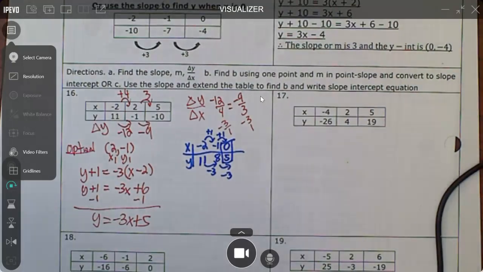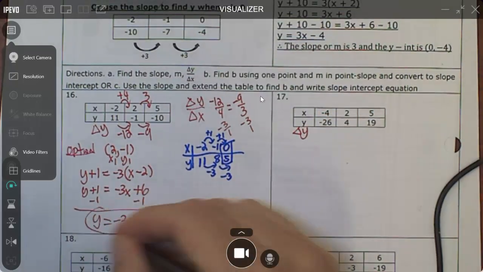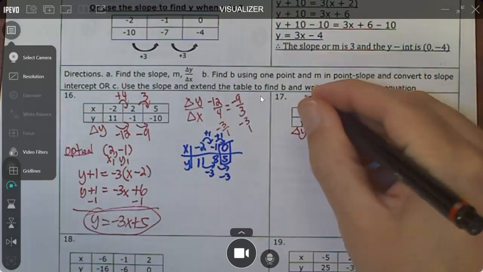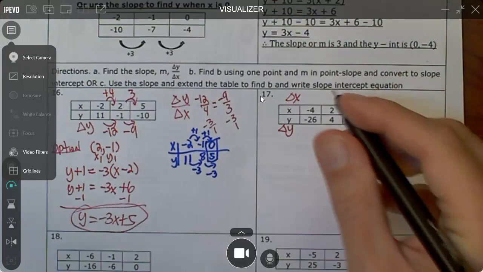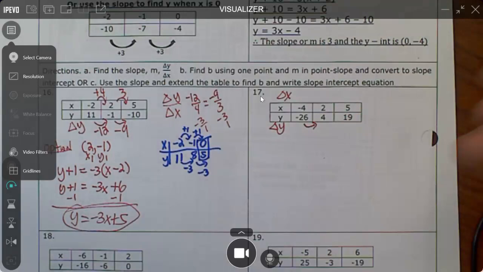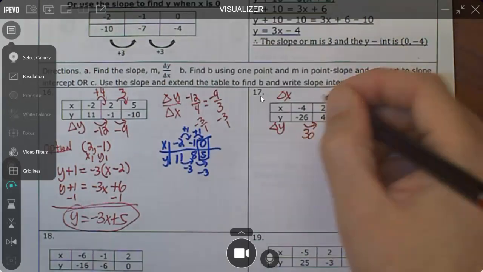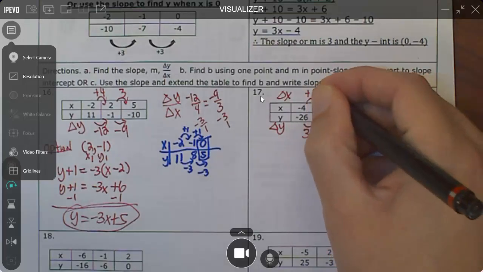Okay, step 1. That jumped up. It'd take 26 to get to 0, and then 4 more. So that's a jump up of 30. That jumped up 6.